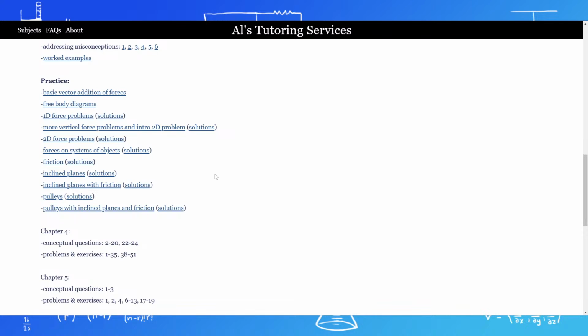I think we've covered almost everything, so as long as it doesn't involve pulleys, you should have enough now to be able to at least make some decent attempts at some of them.